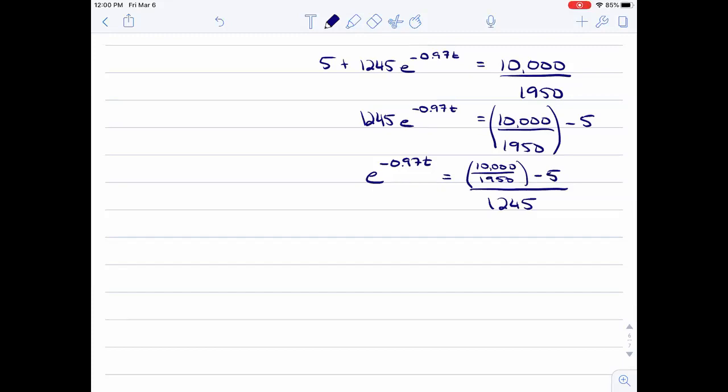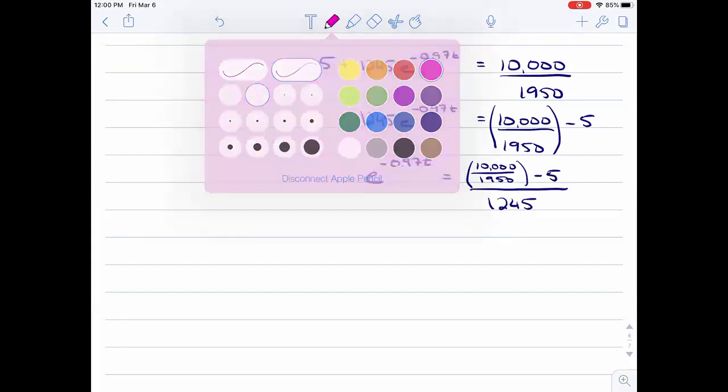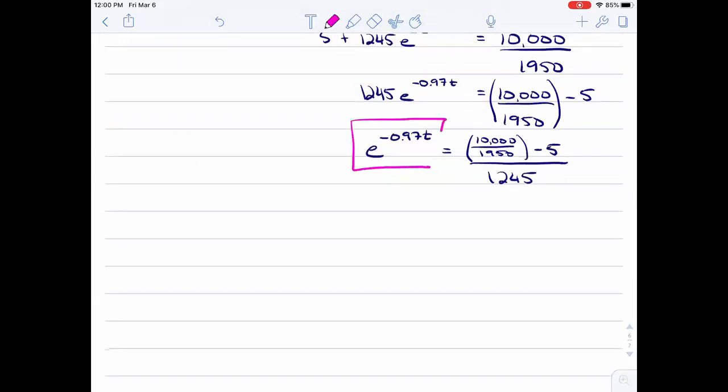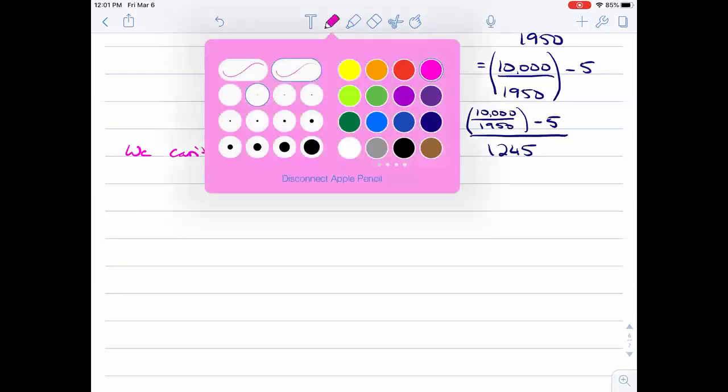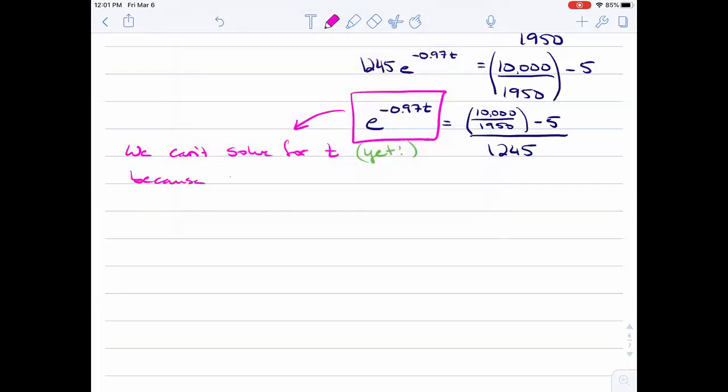Here's the problem: we can't solve for this t. We don't have those methods yet, but that's where logs come in. We can't solve for t yet because it is in the power.